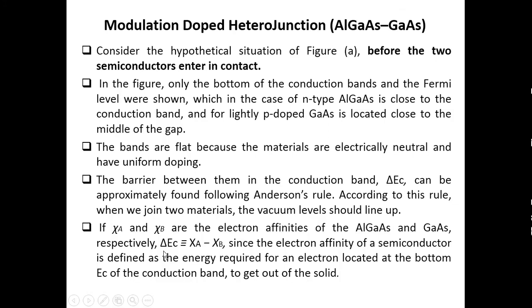Here Xa is the electron affinity of aluminum gallium arsenide, and Xb is the electron affinity of gallium arsenide.